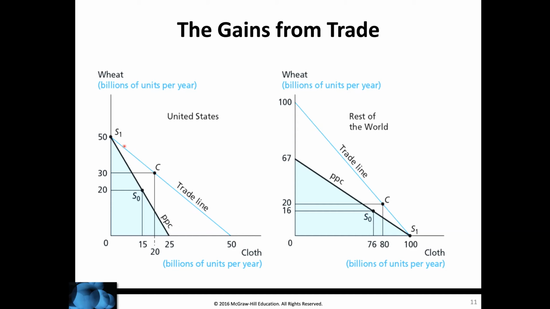But because of comparative advantage and the relative price differences between the things that they're producing, the US and the rest of the world can benefit because of this trade.